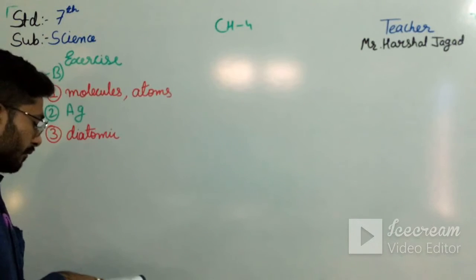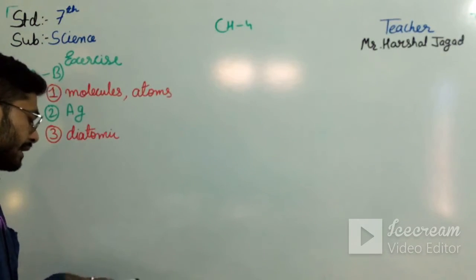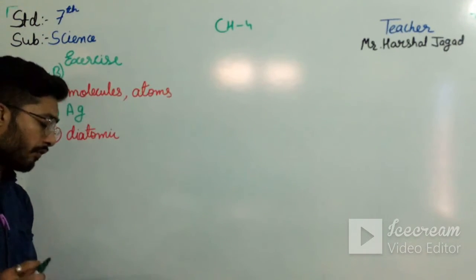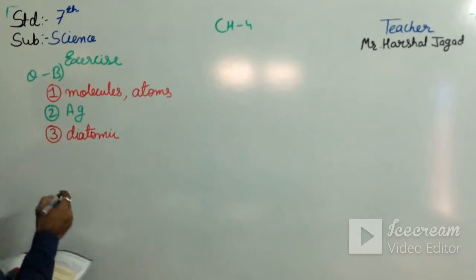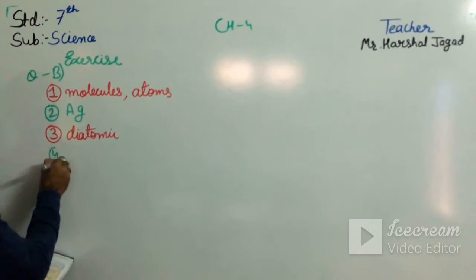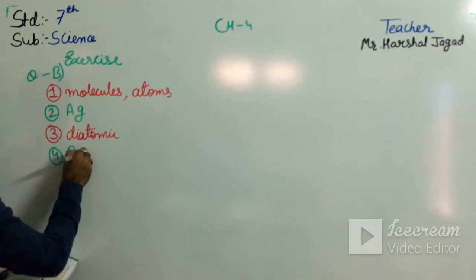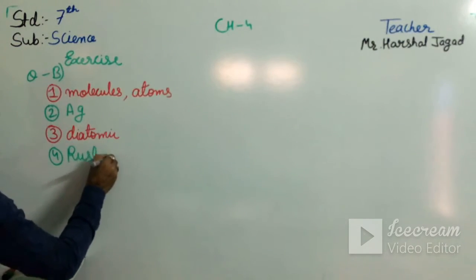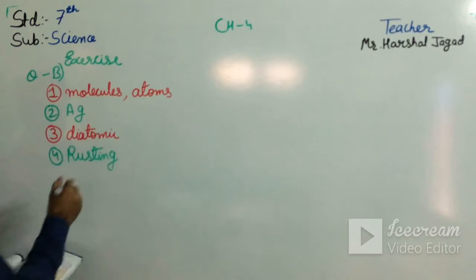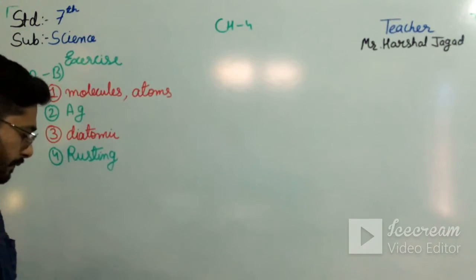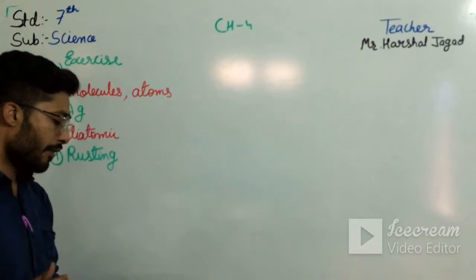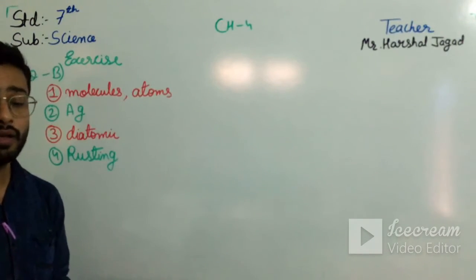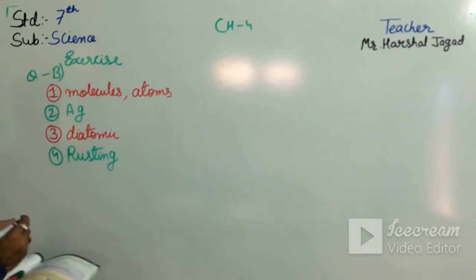Okay. Fourth one, dash is an example of chemical change, crystallization or rusting. So that is rusting is an example. Fifth one, dash are the solids having a definite geometrical shape, so that are crystals.